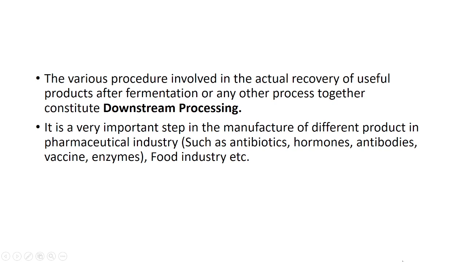Even when you're producing wine, wine requires certain downstream process. It might not be very elaborate, just a filtration, separation of the yeast component, filtration, and maybe some pasteurization. These are the downstream processing if needed. Okay, you're producing some vaccine, the downstream processing will be entirely different. Removal of the cell, purification by techniques like chromatography, then maybe a filtration using membrane filters, sterilization if it is there, crystallization if it is an antibiotic.